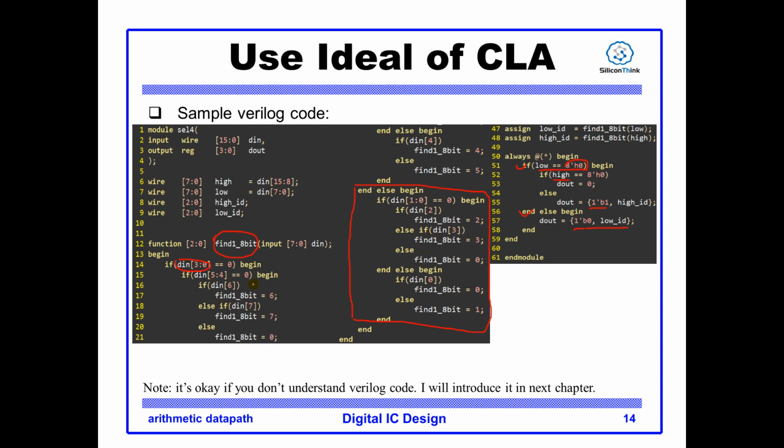This is the calculation for the higher 4 bits within an 8 bit. So this exactly matches the tree architecture. Okay. If you don't understand this page, it's okay. I will introduce the VLSI language in the next chapter. This is just a simple example.